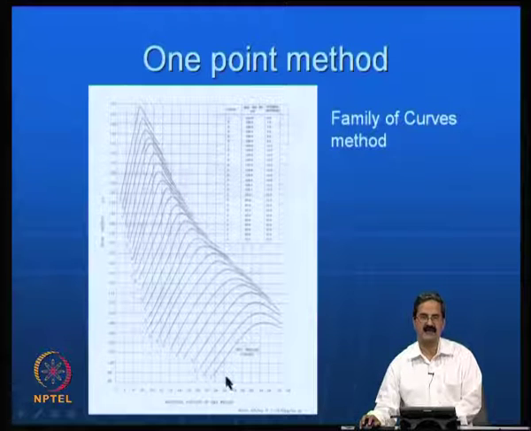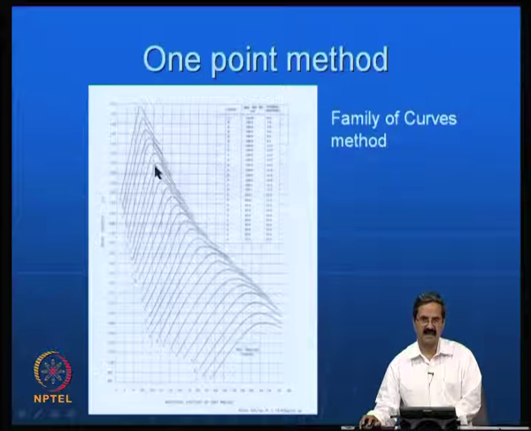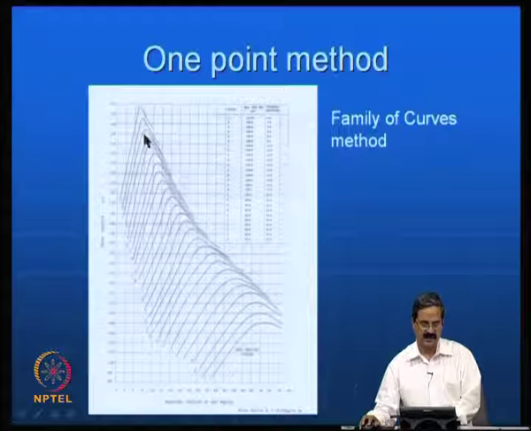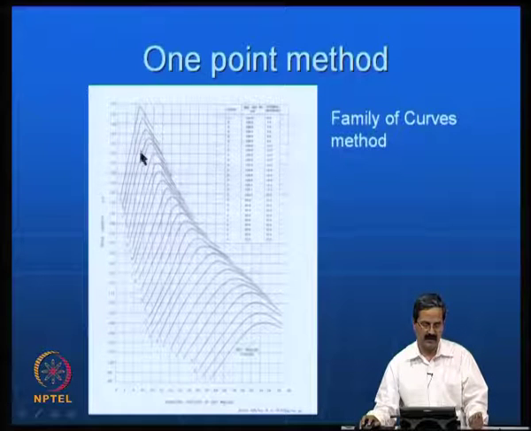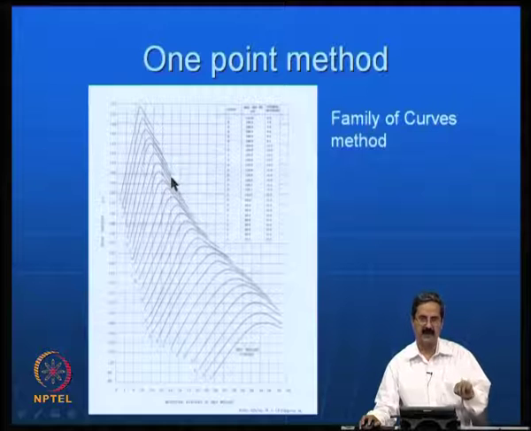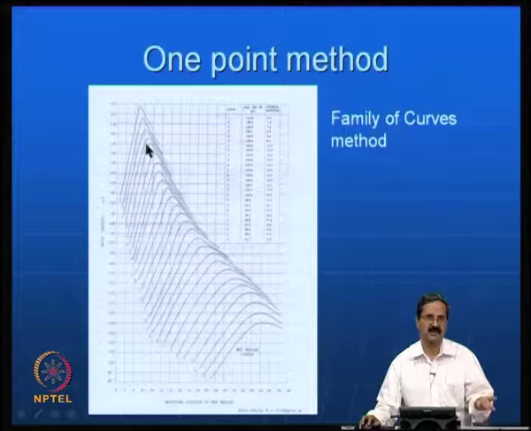Suppose you measure some density and water content, and it falls somewhere here. You are taking only one point, and the moment you know that one point, you draw these two limbs and accommodate that particular point somewhere here. So, this will define its compaction curve.